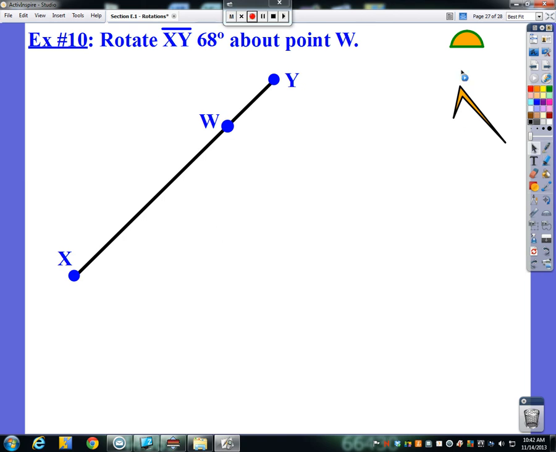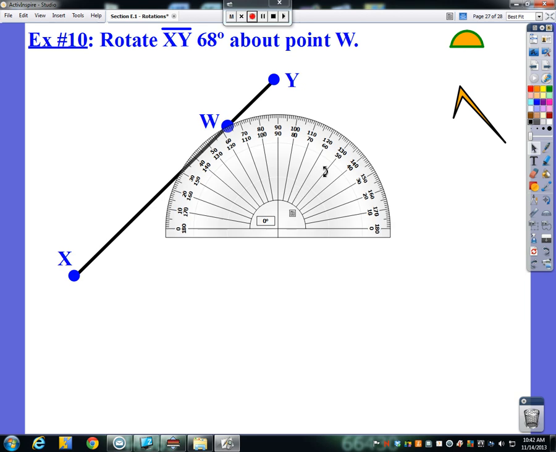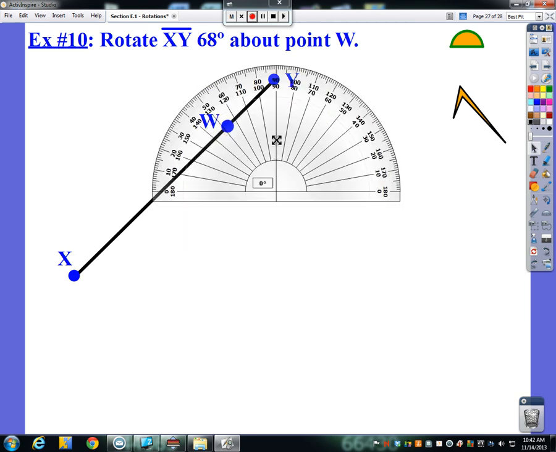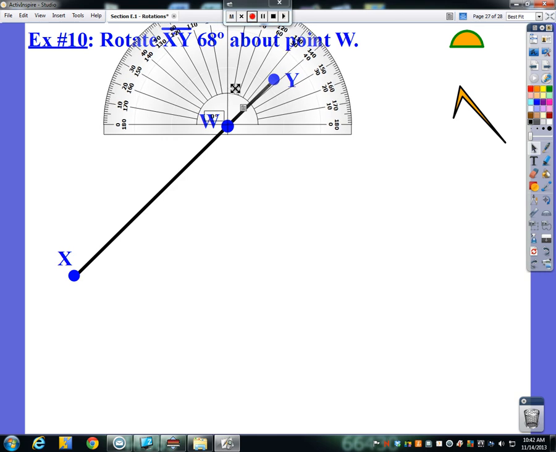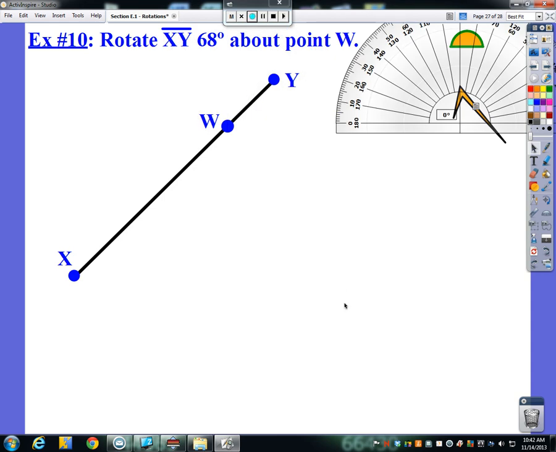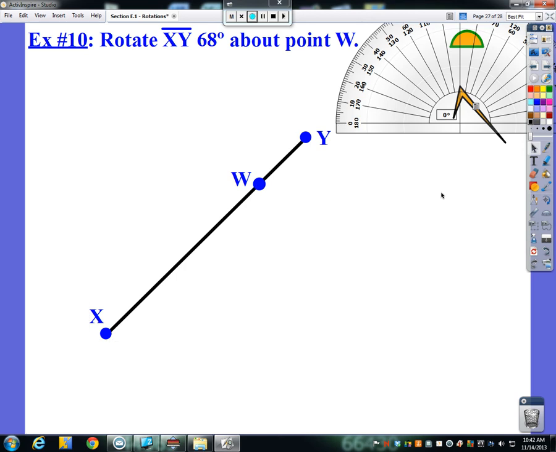Okay? So, first thing to do, grab our protractor. We're going to put the middle on the center of rotation, which is W. And I'm going to have to move some stuff down just so I can see it. Let's throw you up there.